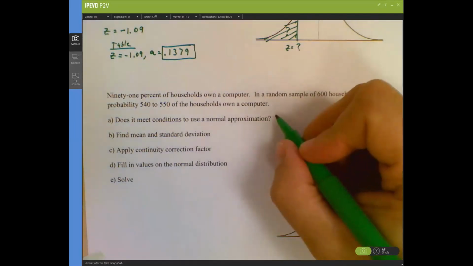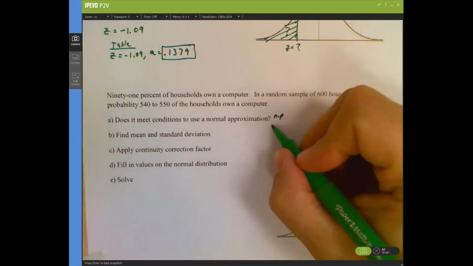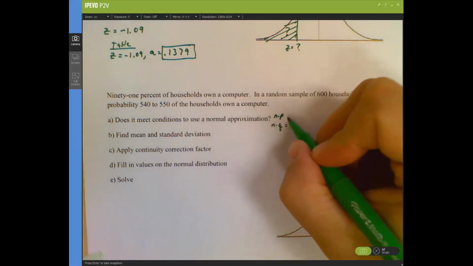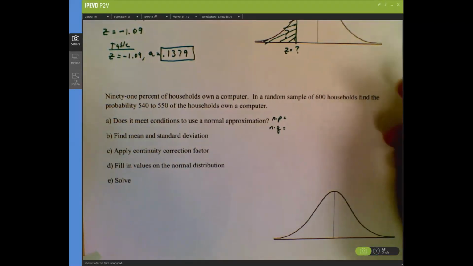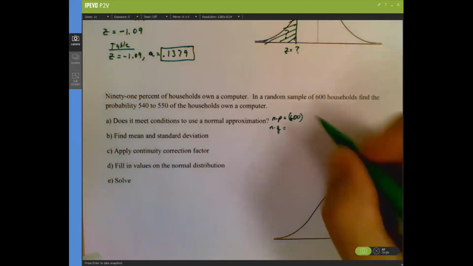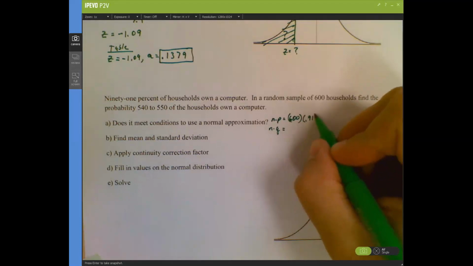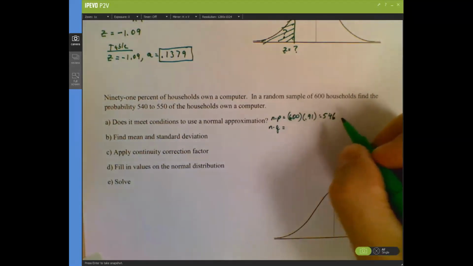All right, does it meet the conditions? Let's find out. N times P and N times Q. If one of these products is less than 5, then we know we're done, and it doesn't. We cannot approximate it with the normal distribution. 600 times 0.91 is 546.